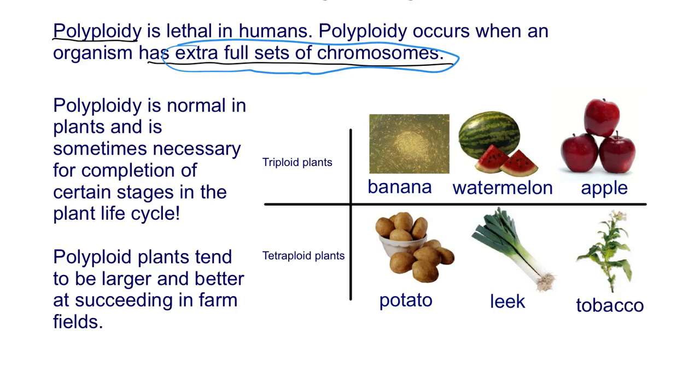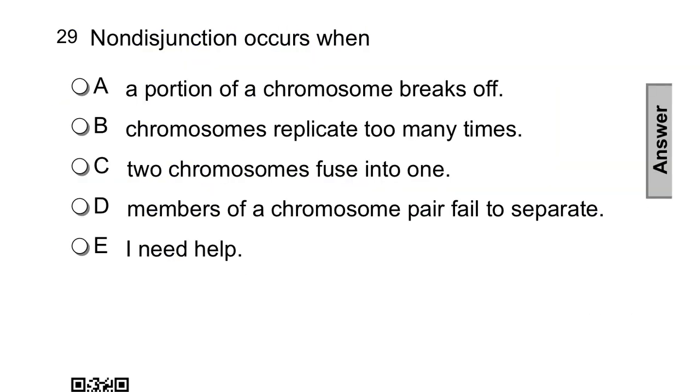You can make bigger fruits by artificially making the cells polyploid, triploid, or tetraploid, or even higher. Flowers too, you get bigger flowers. Okay, so let's do some review questions.